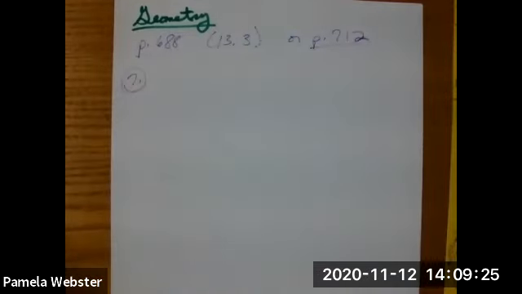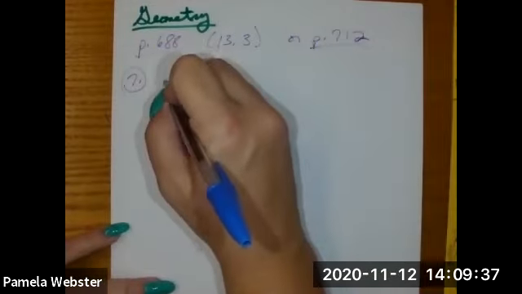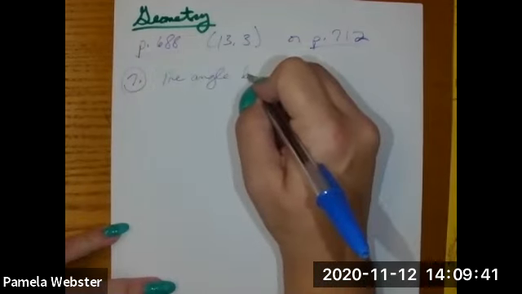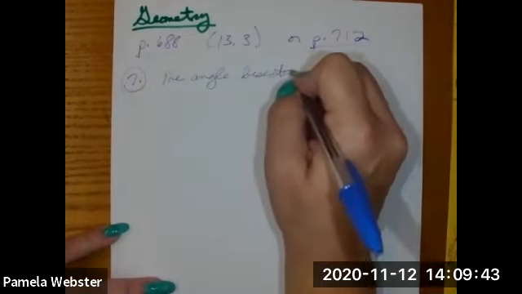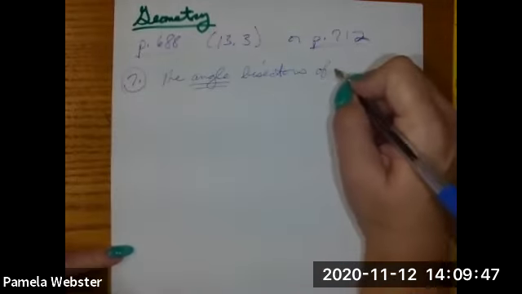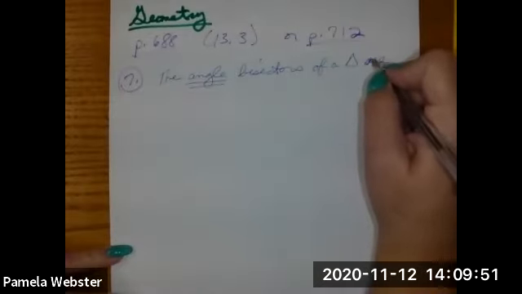It says something along the lines of prove that all 3 angle bisectors in a triangle are concurrent. Something like that. The angle bisectors of a triangle are concurrent. Well, they're of an angle, right?